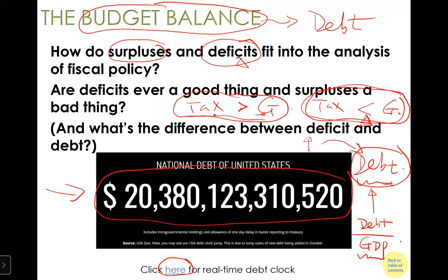GDP is the economy's income, and the debt is what the economy owes. If this ratio is very large, it means a larger fraction of our income is needed to pay off our debt. So this ratio is more meaningful in the sense that it measures to what extent we are able to pay off our debt.